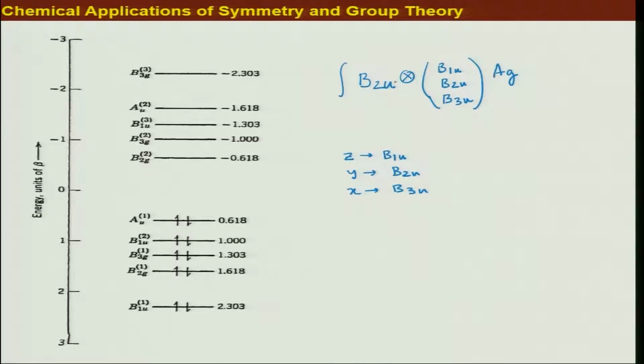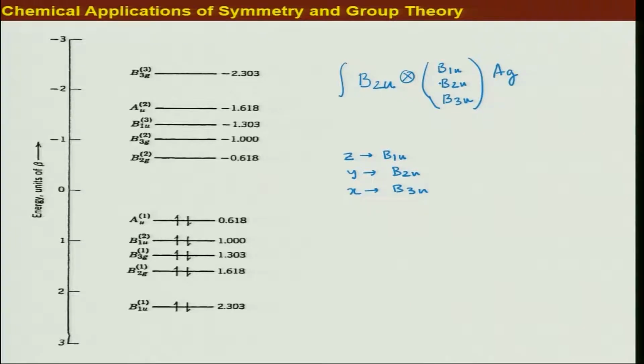So you find the direct product between B2U and B1U, B2U and B2U, B2U and B3U. Immediately you can see that the second integral, that is the B2U and B2U direct product, will definitely give you AG, right? So therefore this transition with respect to y is allowed, correct?